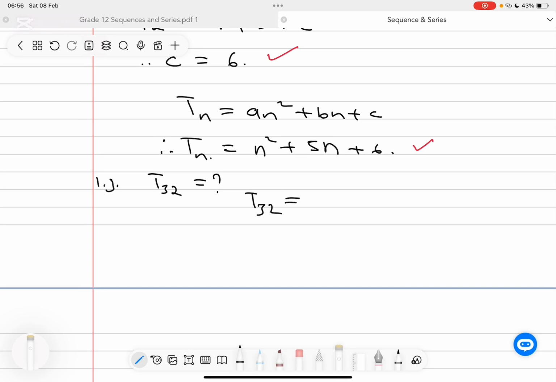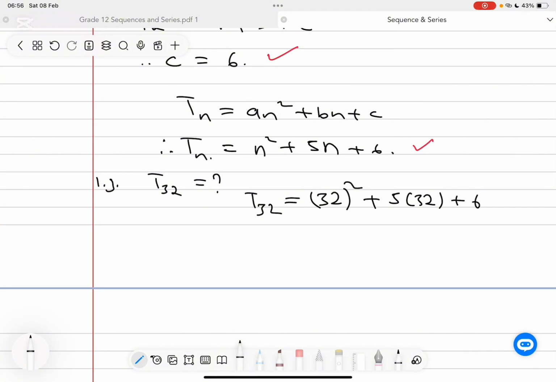That's why we are asked to find a term in the far part of the sequence, somewhere there in the 32nd position. Now this means here I'm going to have 32 all squared plus 5 times 32, and we have a plus 6 here.